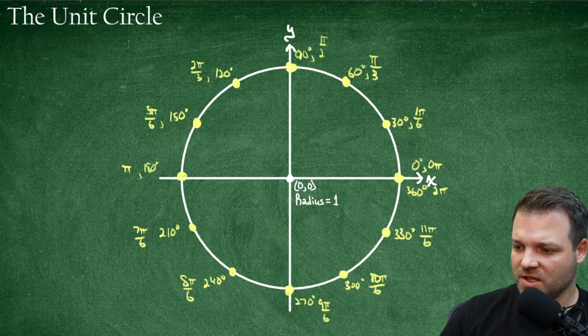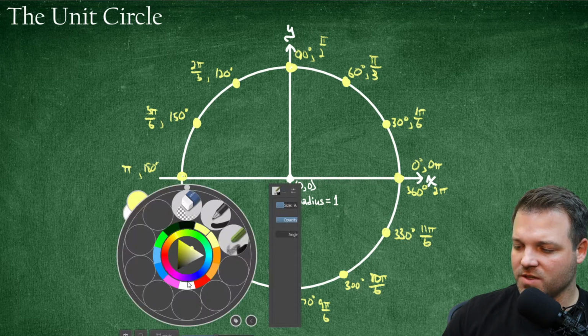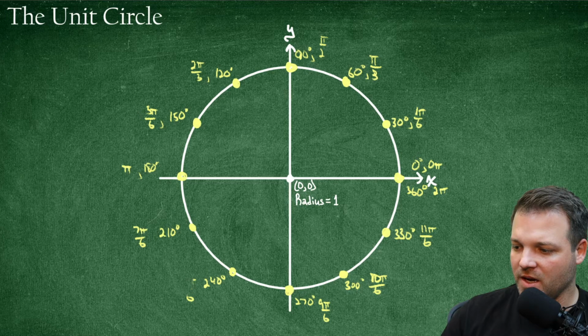Pi is simplified. 7 pi over 6 is simplified. 8 pi over 6 is going to be 4 pi over 3 radians.